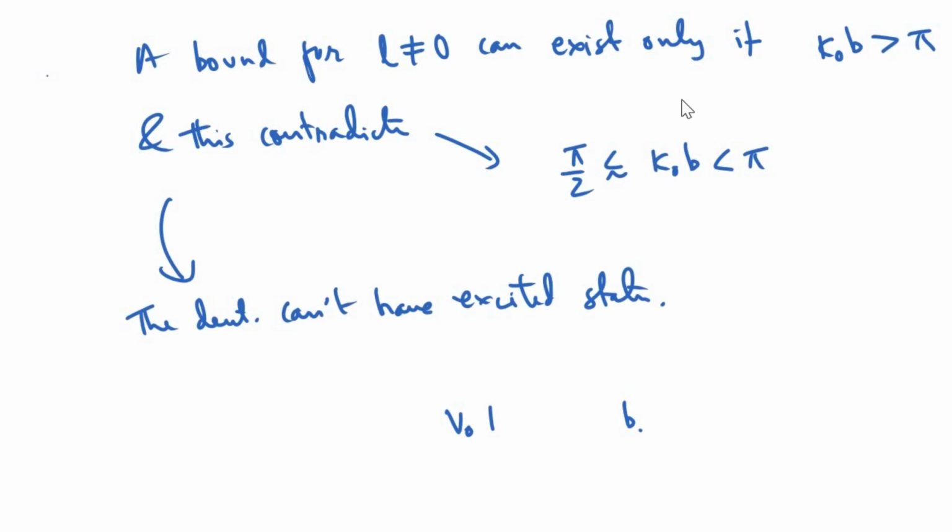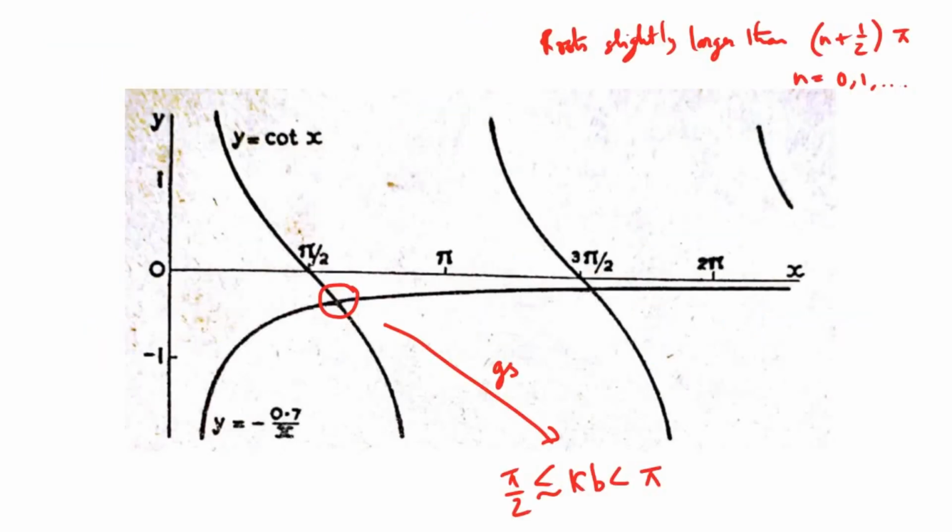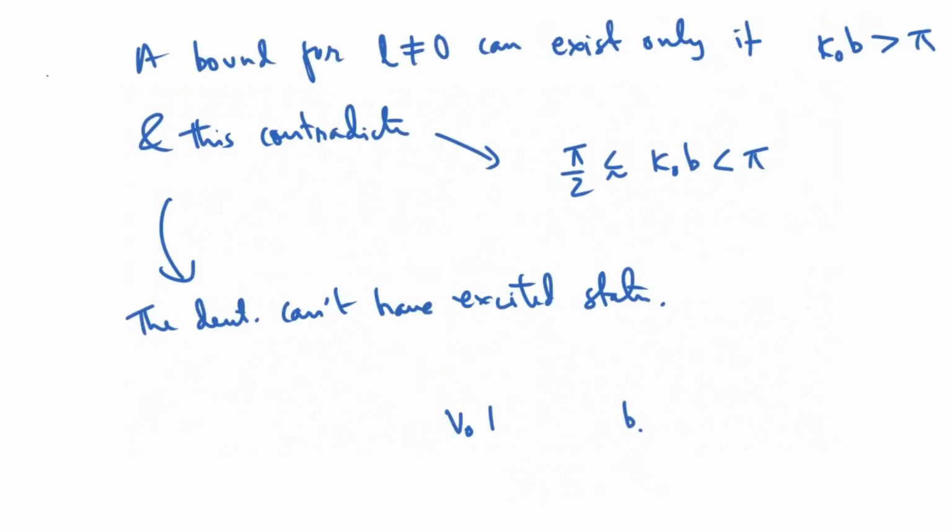However, this very fact contradicts our previous study, the one that we discussed here. This contradicts the fact that k0b must be between pi by 2 and pi. So from these two observations we find that the deuteron can't have an excited state.